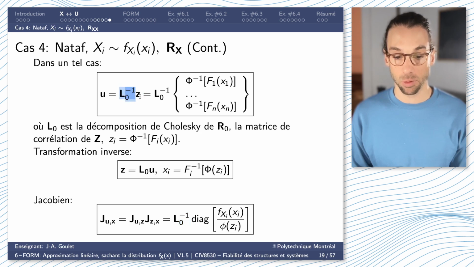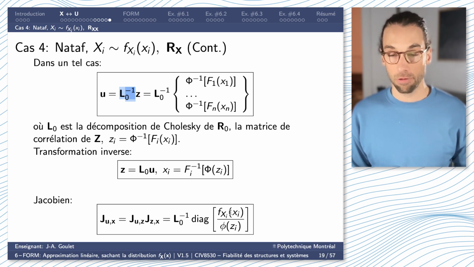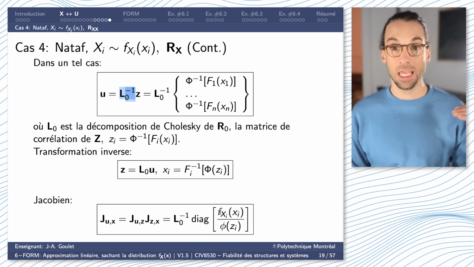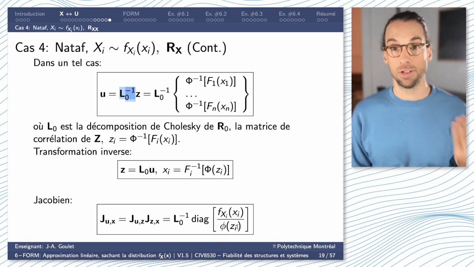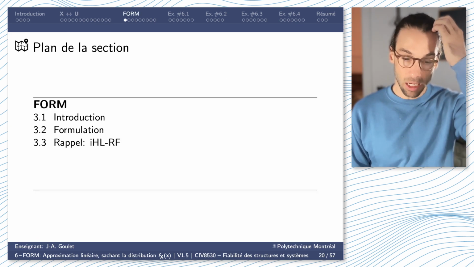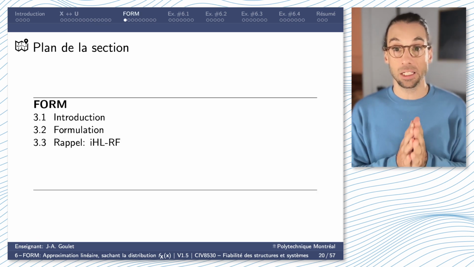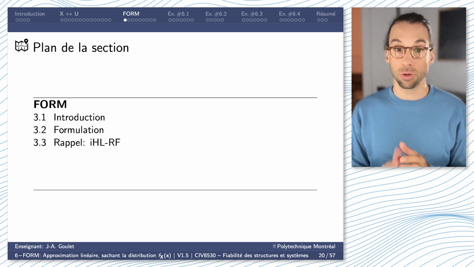The partial derivative of this with respect to this is simply that linear factor times the Jacobian of z with respect to x, which is going to be equal to what we have here. So it's going to be a diagonal matrix of a ratio between the PDF of xi divided by the standard normal PDF of zi. Okay, so that sets the basics for FORM, the first order reliability method.